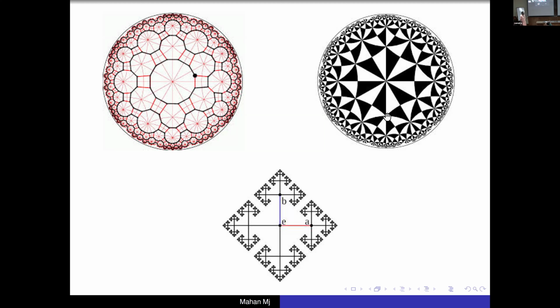And in the modding out picture, any of the black or any of the white will do. Exactly, that's the fundamental domain. Okay, great, terrific. So here, in this picture, it's these 4 sticks at identity, B inverse, A inverse. That's the fundamental domain.